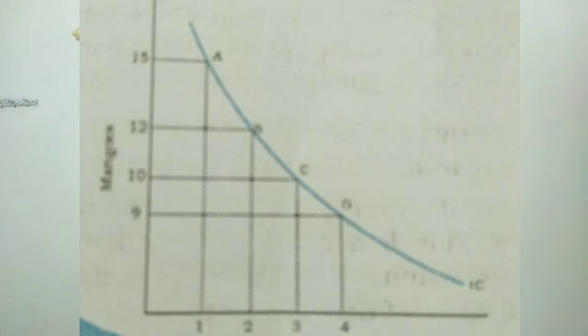That means in the first case, if he is increasing the consumption of banana from 1 to 2, at that time the consumption of mangoes decreases from 15 to 12. That means he wants to forego 3 units of mangoes for 1 unit of banana.